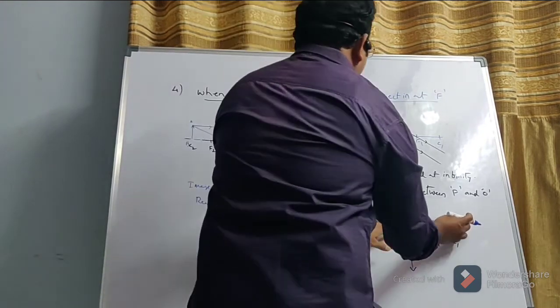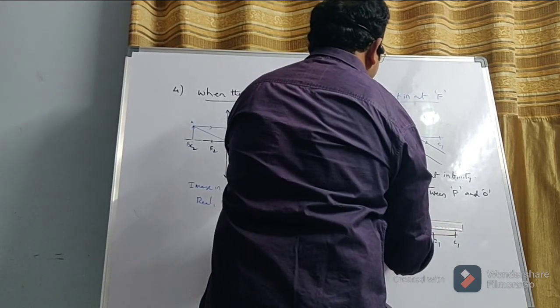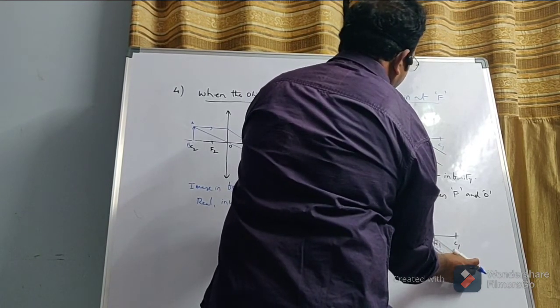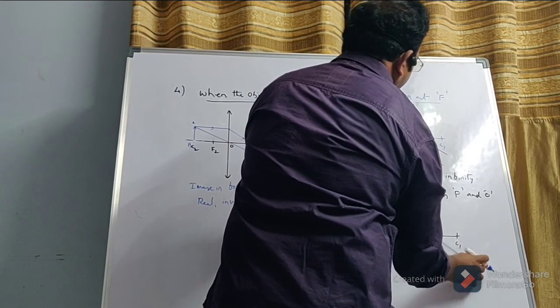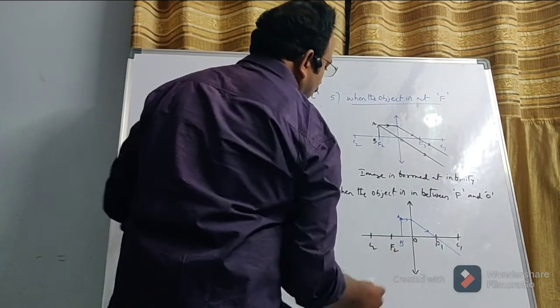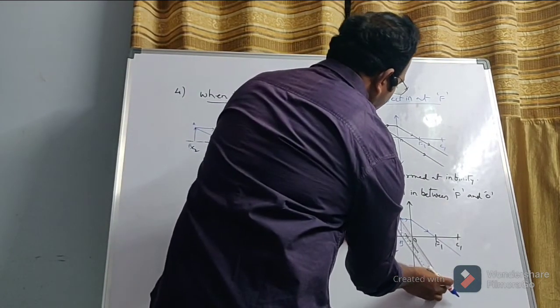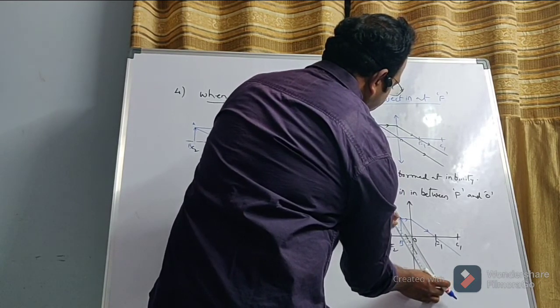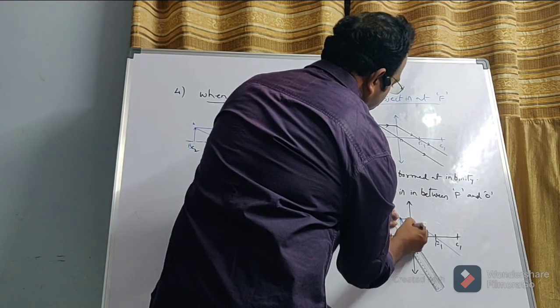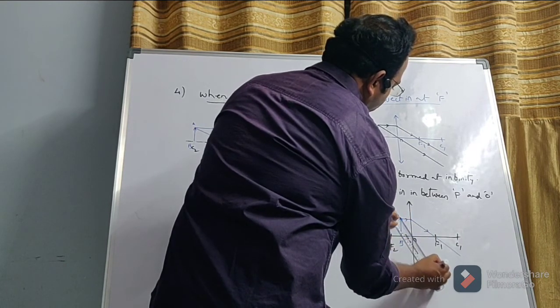So a parallel beam of light ray like this passes through the focus. The optic center is like this, so the other ray is passing through like this, through the optic center.